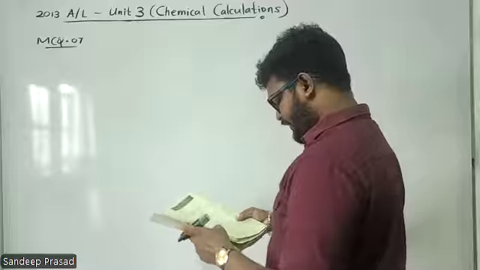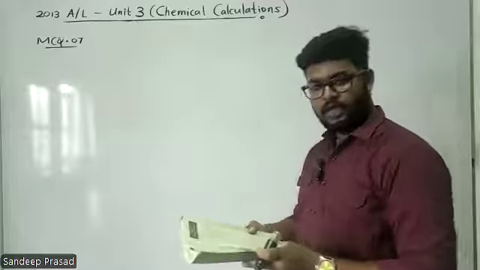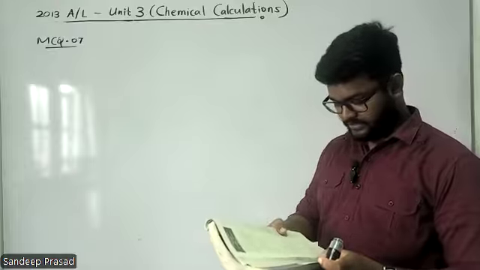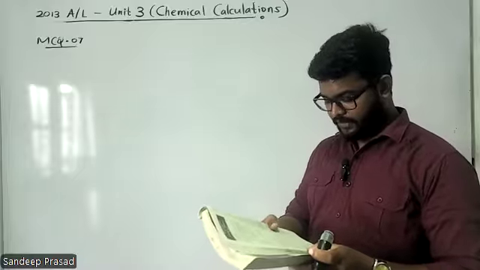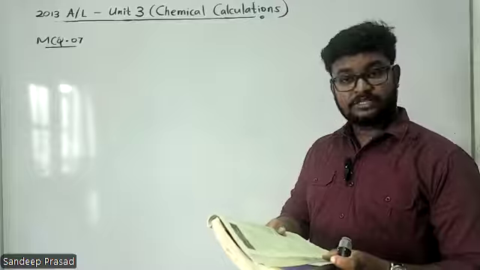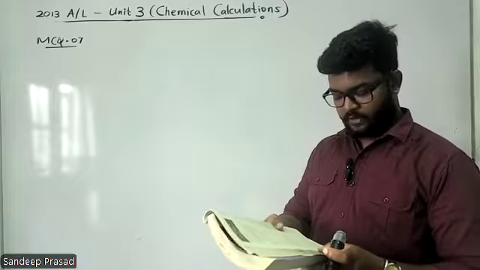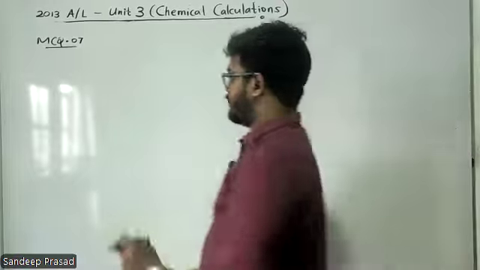A mixture of ferric oxide, Fe2O3, and ferrous oxide, FeO, is found to contain 72% of iron by mass. Find the mass of Fe2O3, ferric oxide, in 1 gram of this mixture.